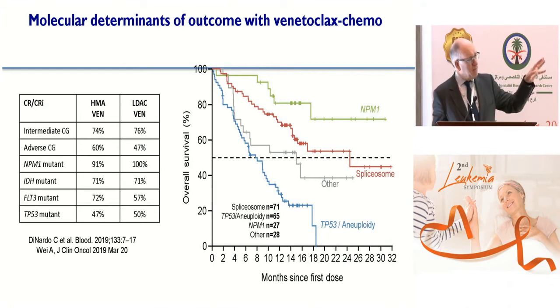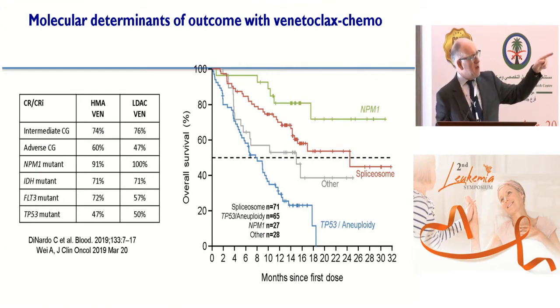So it may well be that in younger adults with NPM1 mutations, there is a role for considering the use of venetoclax with azacitidine as opposed to 3+7. That's a big step. We're not there. We need randomized studies.